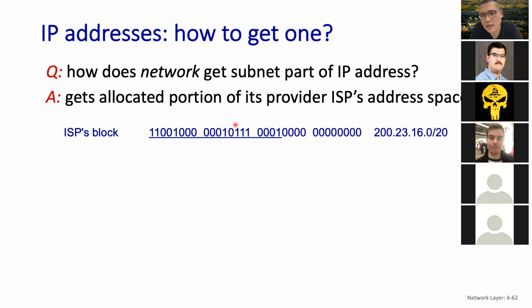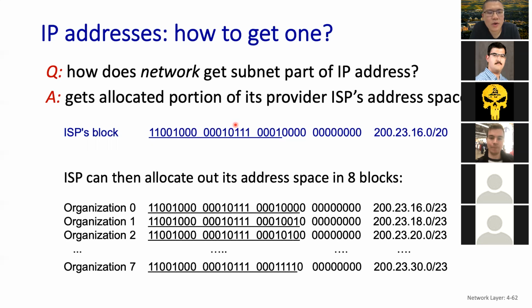That should be based on the ISP, the internet service provider. So how can you get the network subnet part of the IP address? The answer is that you get an allocated portion of your provider ISP's address space. For example, in the ISP block, we have the first 20 bits.